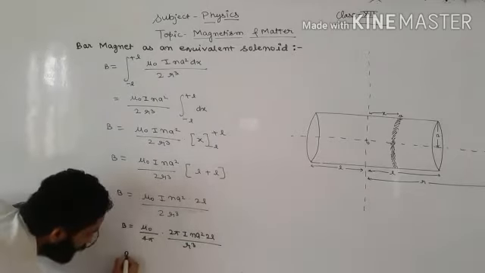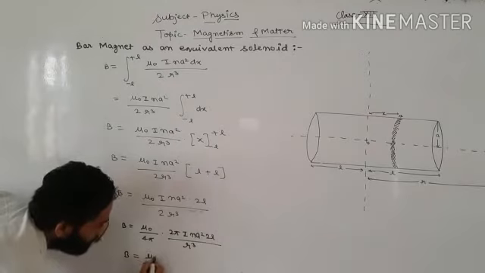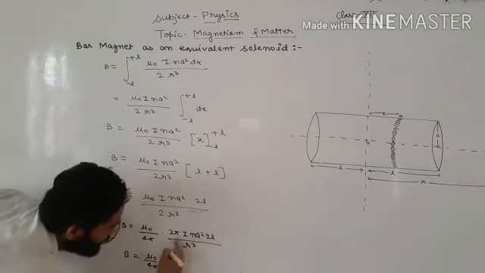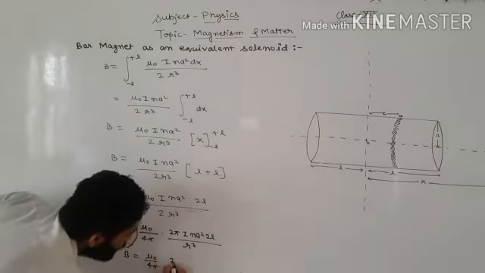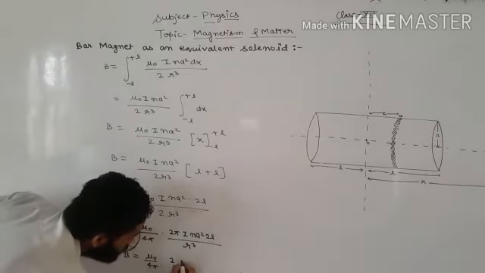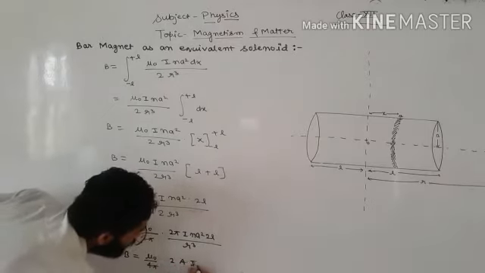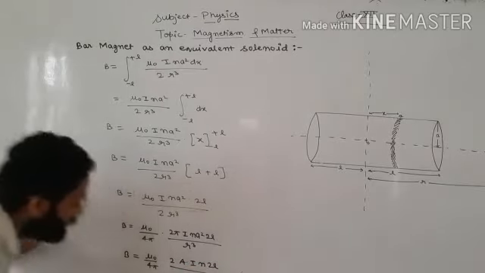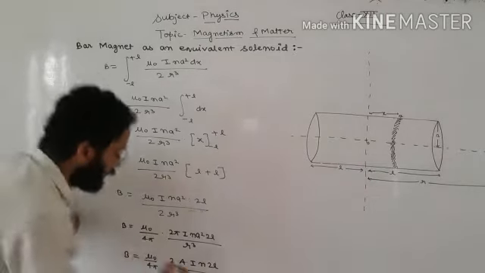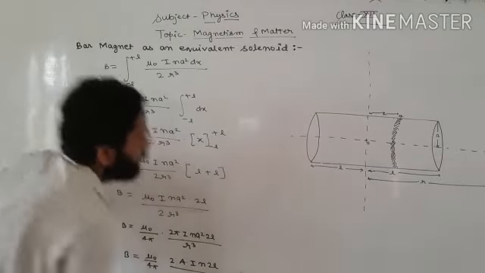This can be written like B is equal to mu naught upon 4 pi, and this pi a square can be written as A, the area. Then 2 A I n into 2L upon r cube. This one is equation number 6.